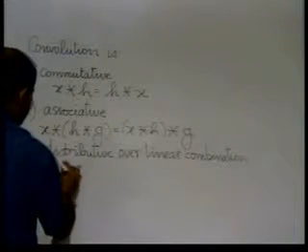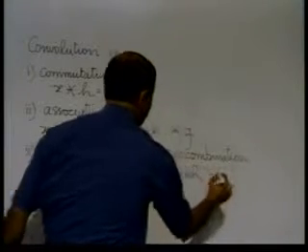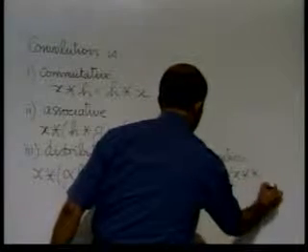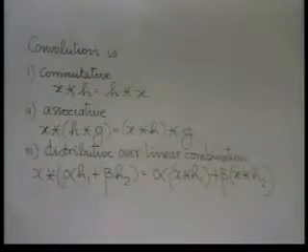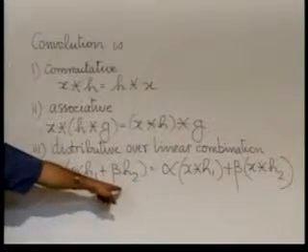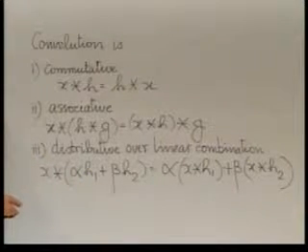So, for example, x convolved with alpha h1 plus beta h2 is equal to alpha times x convolved with h1 plus beta times x convolved with h2. Here alpha and beta are arbitrary constants over the field on which the signals are defined.